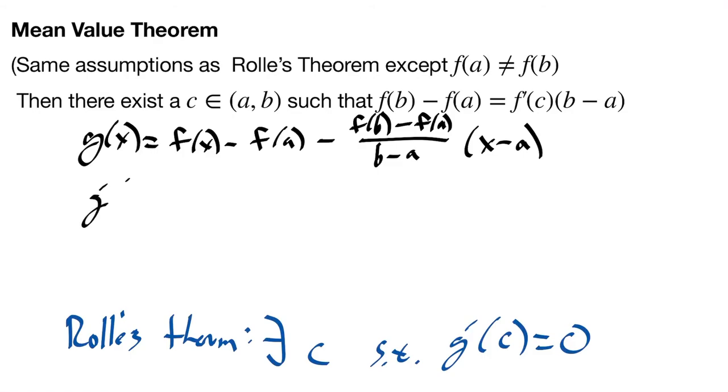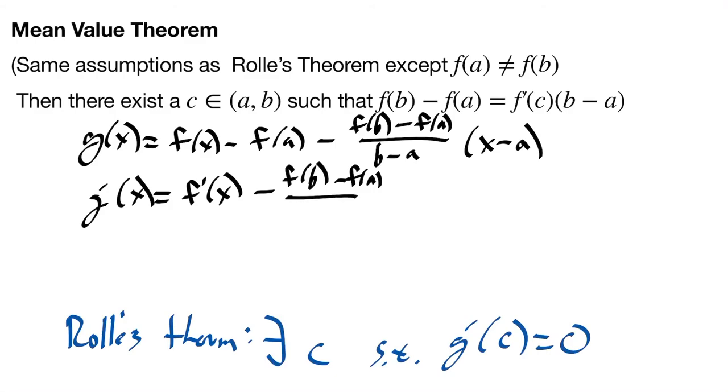Notice at that point, g prime of c. Well, first, g prime of x we can calculate. g prime of x is f prime of x, the derivative of a constant is 0, and the derivative of this is minus f of b minus f of a over b minus a times the derivative of x minus a, which is just 1.